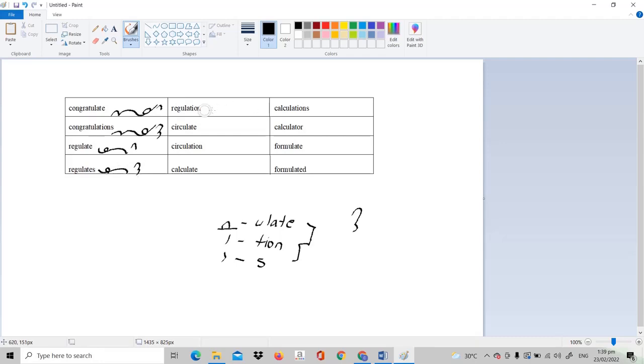So we have reg, and then ulates. Regulation. So we have, wrong pala yung aking mga strokes. Buti na lang nakita ko. Ulit, regulate, we have R-E-G, and then ulate. Next is R-E-G-S. Regulates.